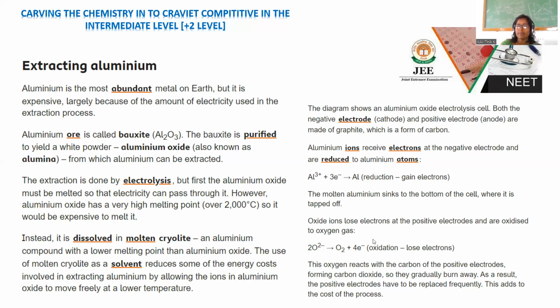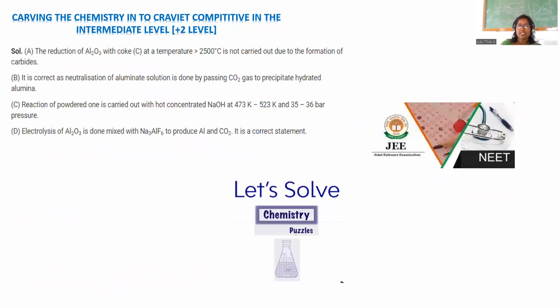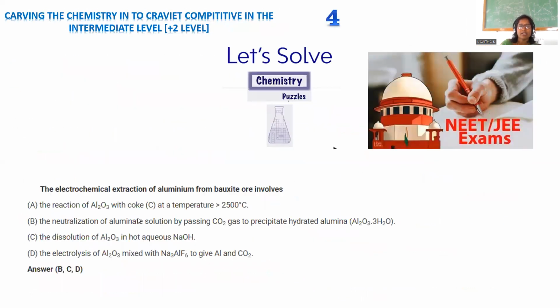This is the redox reaction carried out in the electrochemical extraction of aluminium from bauxite ore. Going through the steps: in point 1, aluminium oxide with coke forms carbide, so we can't reduce it and can't use this method.